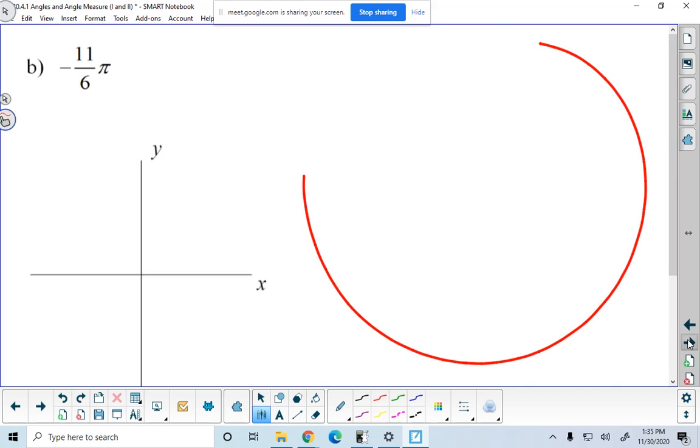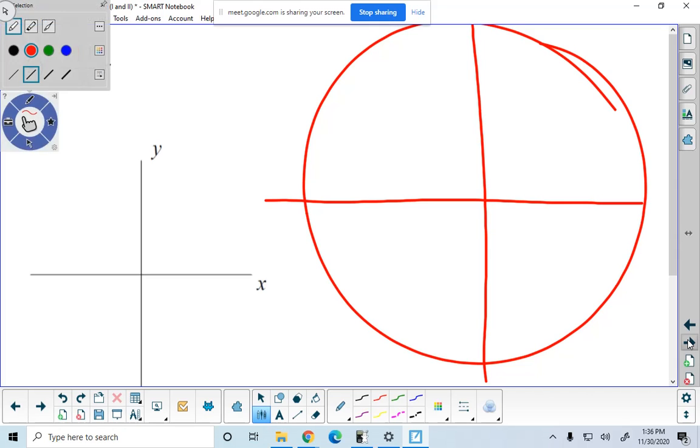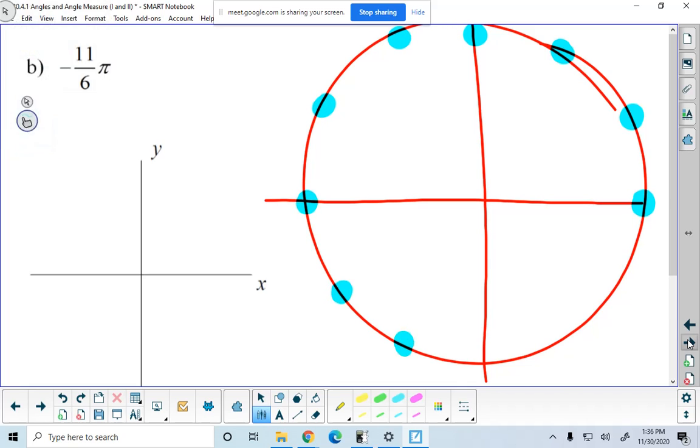Negative 11 pi over 6. Pi over 6 is a 30-degree chunk. I'm going to highlight the 30-degree chunks on this circle. Now, my circles are never perfect, but they're close enough for you to get the gist of what's going on here.